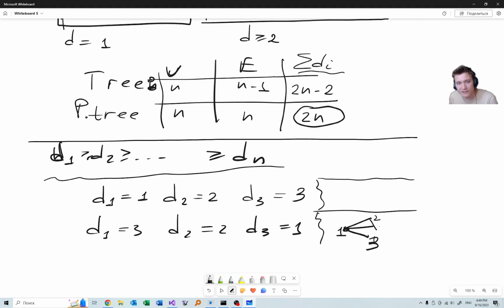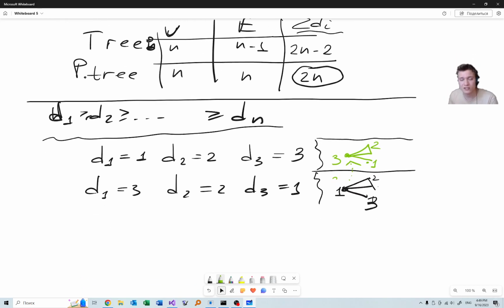So after that, you need to enumerate it back so that this vertex becomes 3, this vertex becomes 2, and this vertex becomes 1. And this process of re-enumeration is not very difficult, but it has to be done.